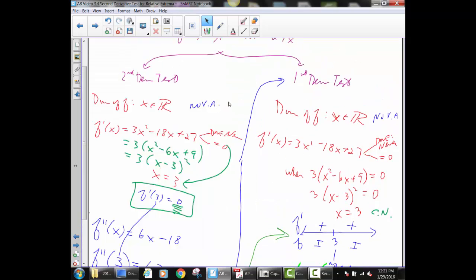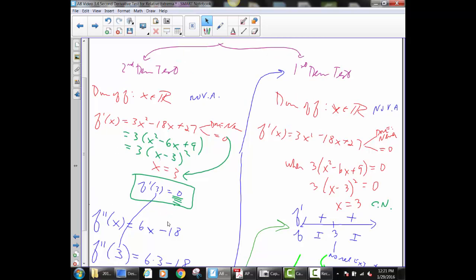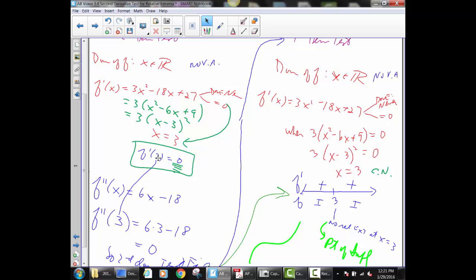If you tried using the second derivative test, you'd start with the same thing: the domain, vertical asymptotes, and finding where the first derivative is 0. It is 0 at 3. So now you'll have to find the second derivative, which is 6x minus 18, and plug in the number c that makes the first derivative 0.